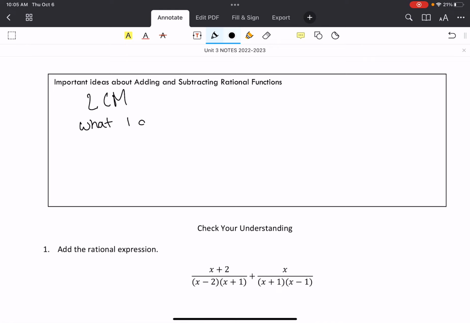What I do to the bottom, I do to the top. What else do you want to remember? Keep it as factors.